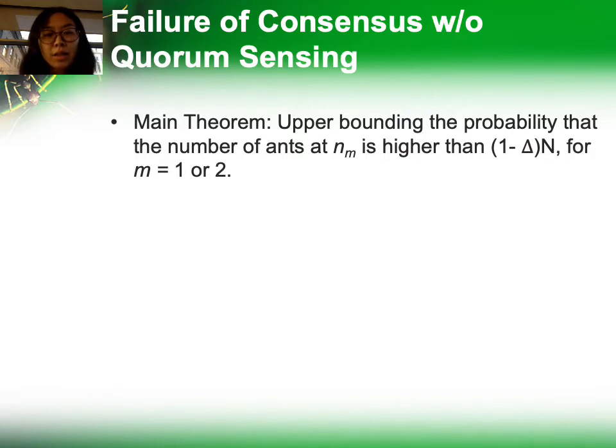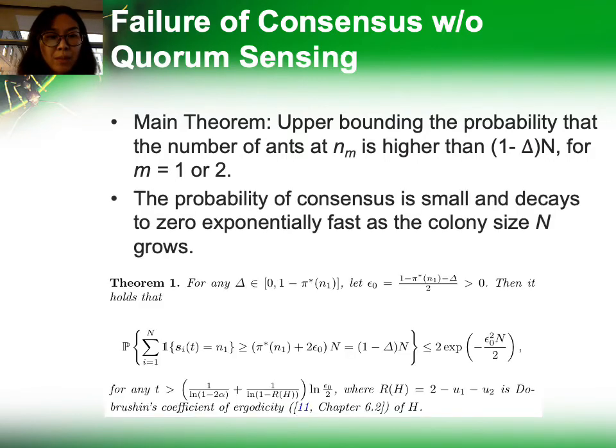If we can show that this upper limit is small, then we can say that with very low probability, consensus could be reached without quorum sensing. And this is dangerous for survival. So here is the formal theorem statement, and you can see this expression is the upper limit of consensus probability. It is quite small and decays to 0 exponentially fast as the colony size n grows. I encourage you to read about it in the paper if you're interested in the details.